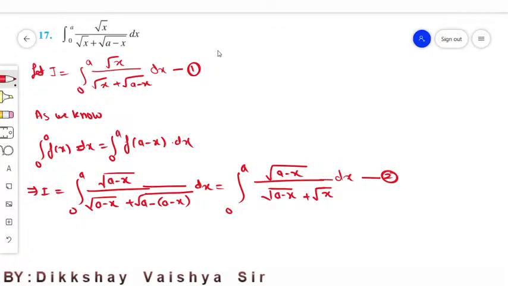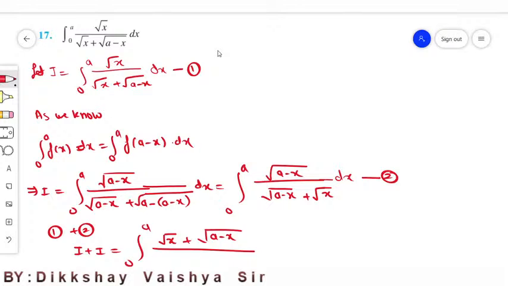So now 1 plus 2 implies I plus I. Now I will write directly as a common. Now check: equation 1 has root x plus root a minus x, and both have the same denominator, root x plus root a minus x, dx, which will be equivalent to integral 0 to a of 1 dx, and the answer is x with limits from 0 to a.